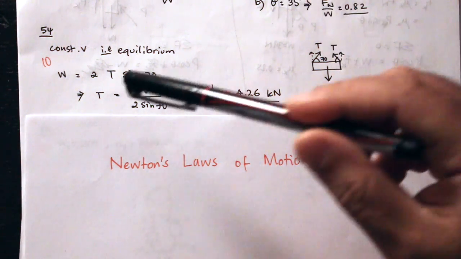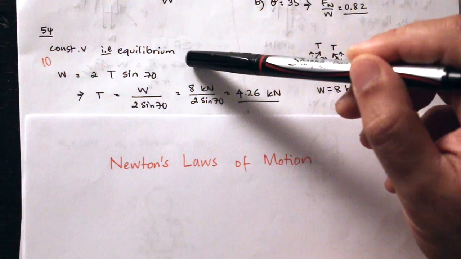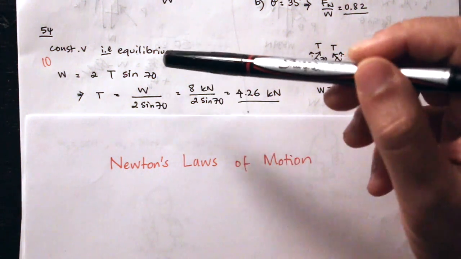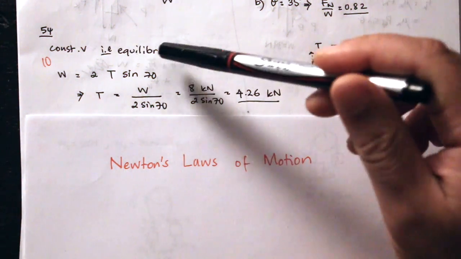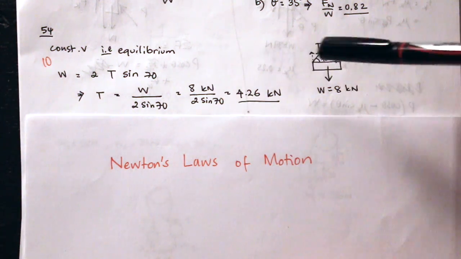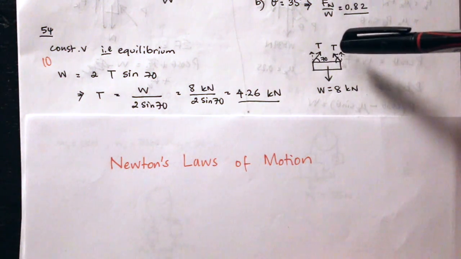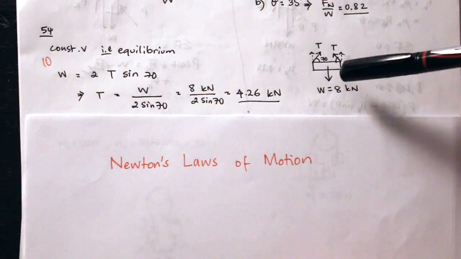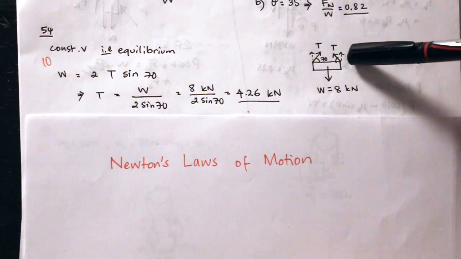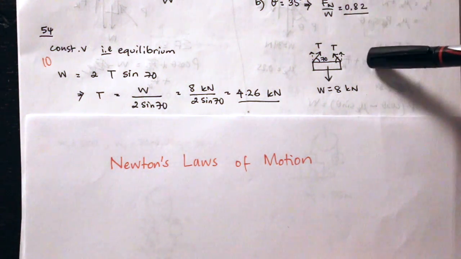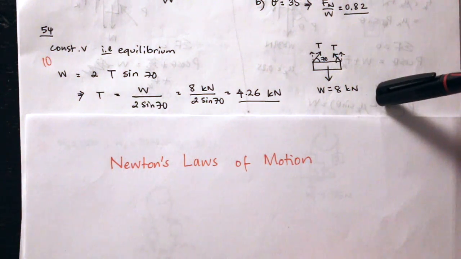So constant velocity just means that it's in equilibrium since it has no acceleration. So constant velocity or at rest means that it's in equilibrium. Being in equilibrium in y means that the net force is equal to 0, so all the forces pointing up are going to be equal to all the forces pointing down.